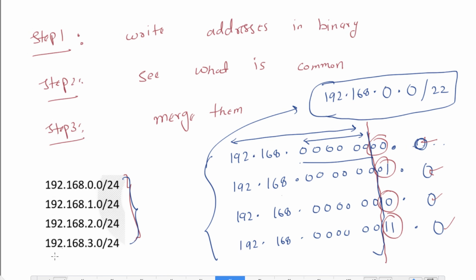Let's take one more example and try to understand this more clearly. Suppose you have one network, 192.128.0.0/9, and there is one more network, 192.0.0.0/9, and you want to merge these two networks. So what to do?